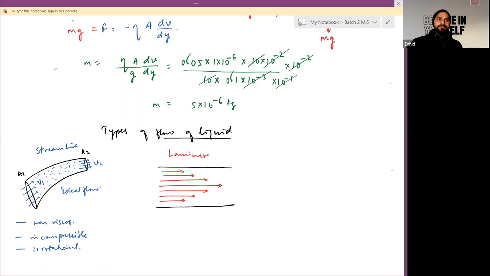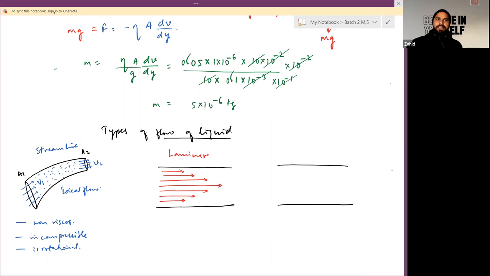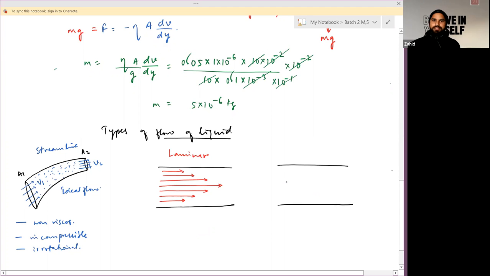Next, suppose there is a tube in which each layer has some irregular velocity, due to some irregularity in velocity or due to encountering some particle in its path.